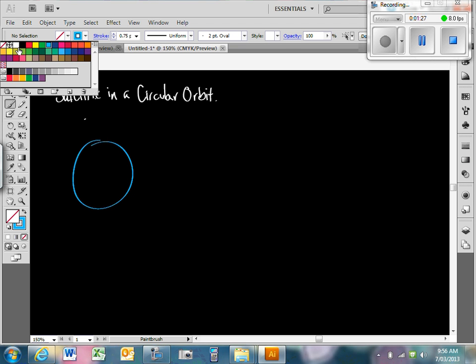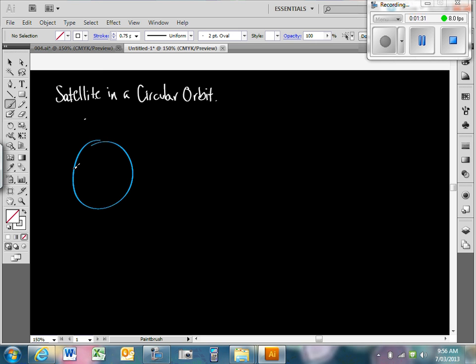Lots of them share orbits or similar orbits. And when I say similar orbits, I mean they have a similar altitude, similar on the scale of space. And I draw these satellites as like a drum with an antenna on it. Okay, they don't look like that. You'll see what they look like shortly in the videos.